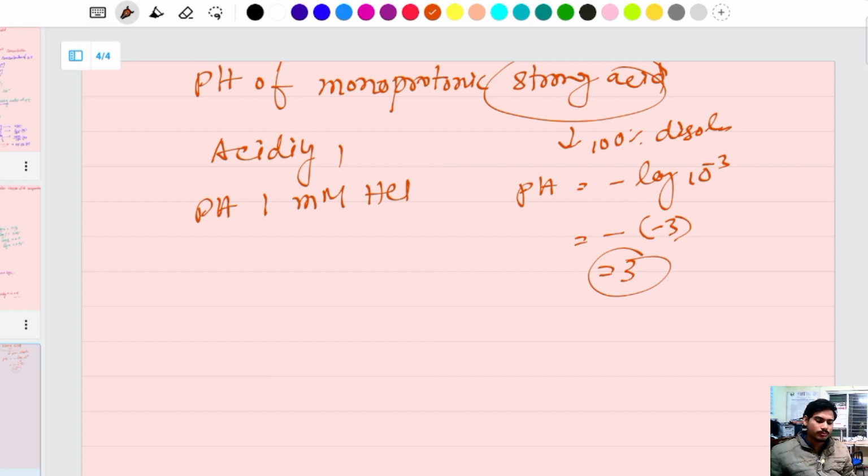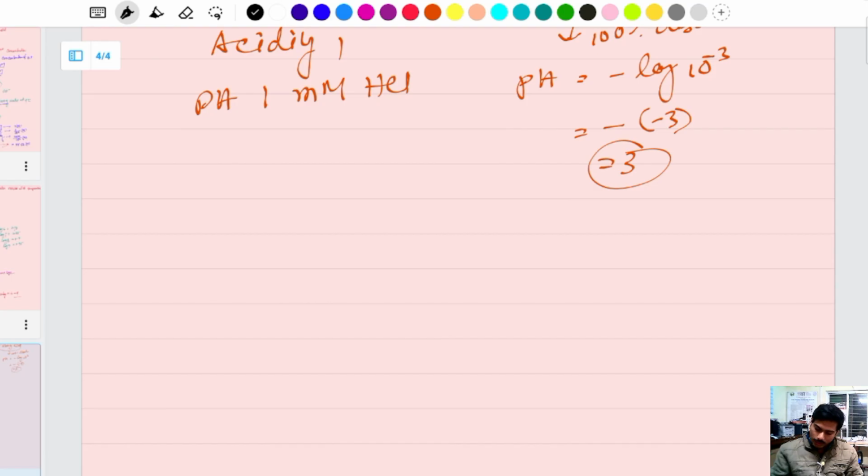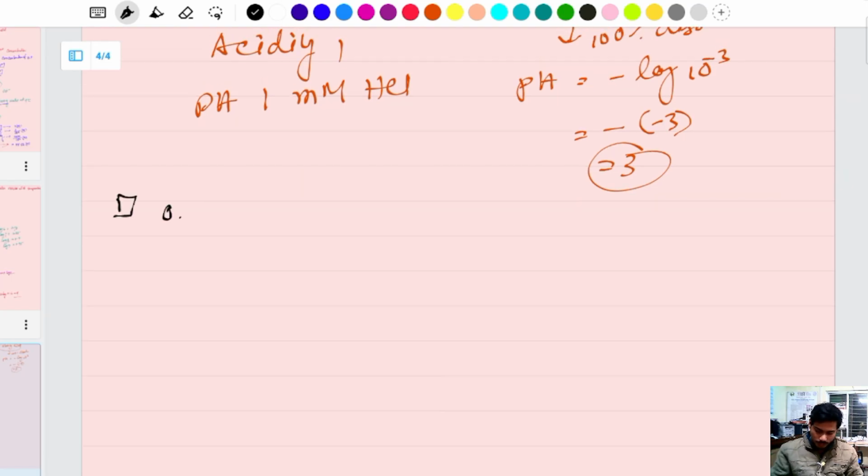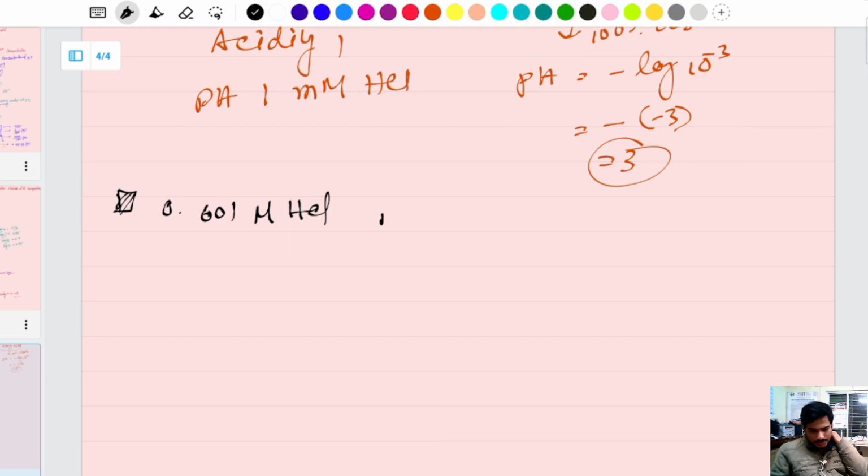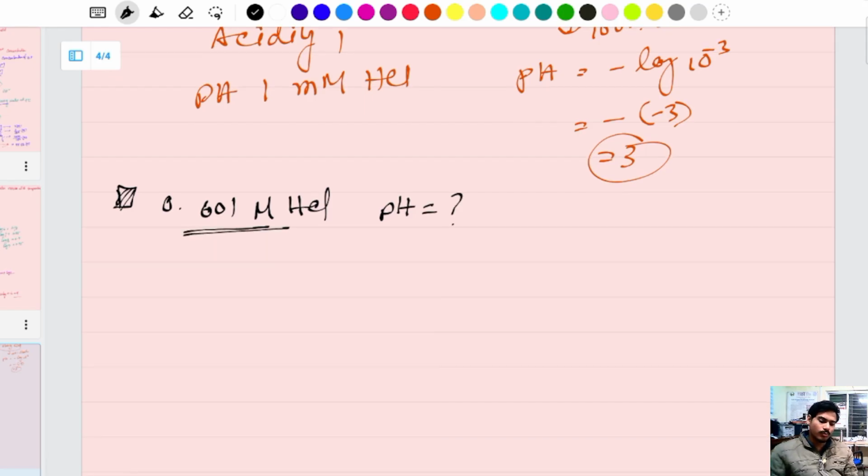Now let's take another example: 0.001 molar HCl. What will be the pH? So 0.001 molar means 1 by 1000 molar HCl.